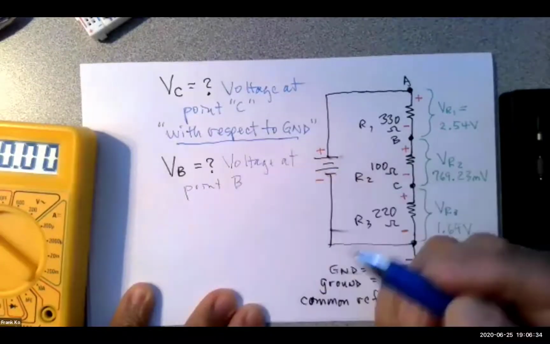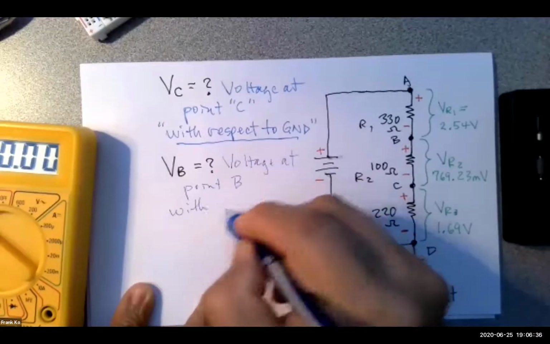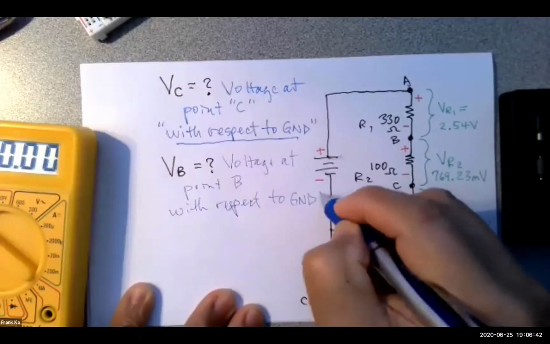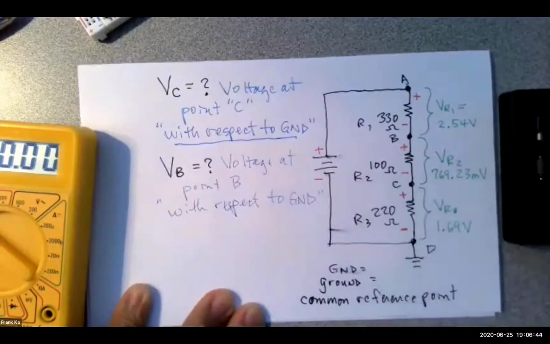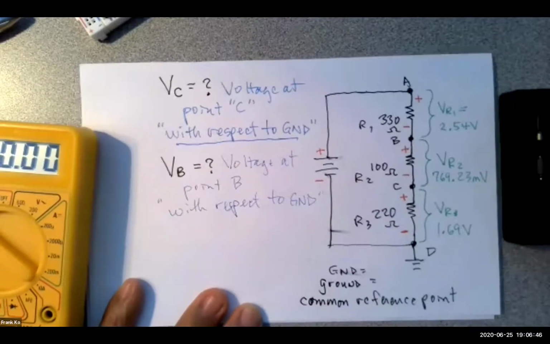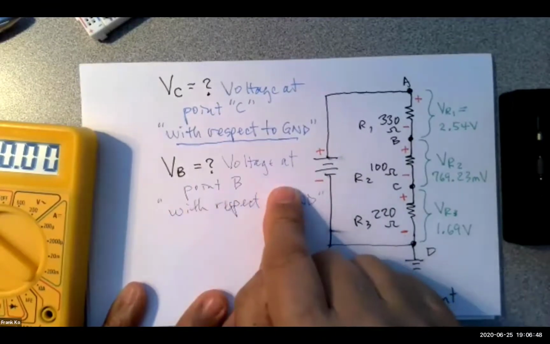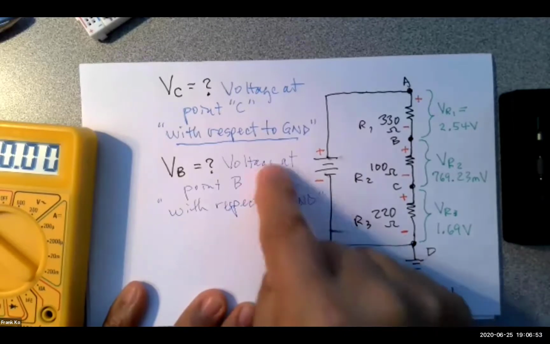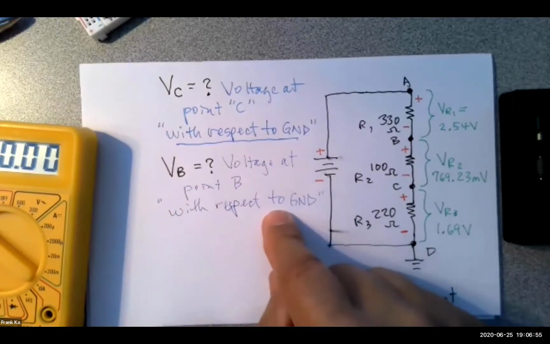That was spoken like a seasoned electronic technician. That's exactly how you read it. It's exactly how you pronounce it. It's exactly how you speak it. Voltage at point B with respect to ground.